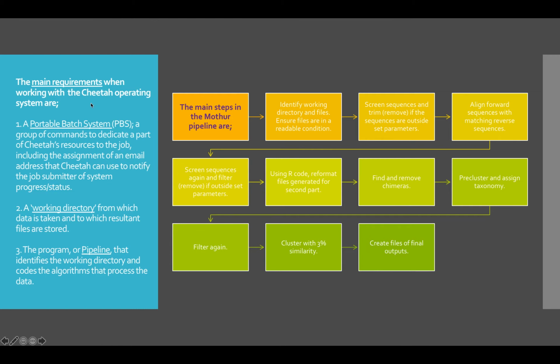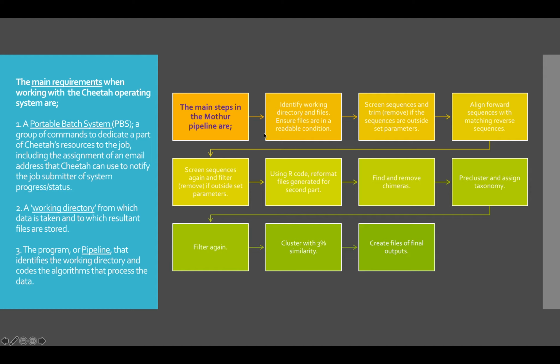The main requirements when working with Cheetah are a portable batch system, a group of commands that allocate the job and show it where to email the results or its status, a working directory from which data is taken from and output to, and the program, the group of algorithms.